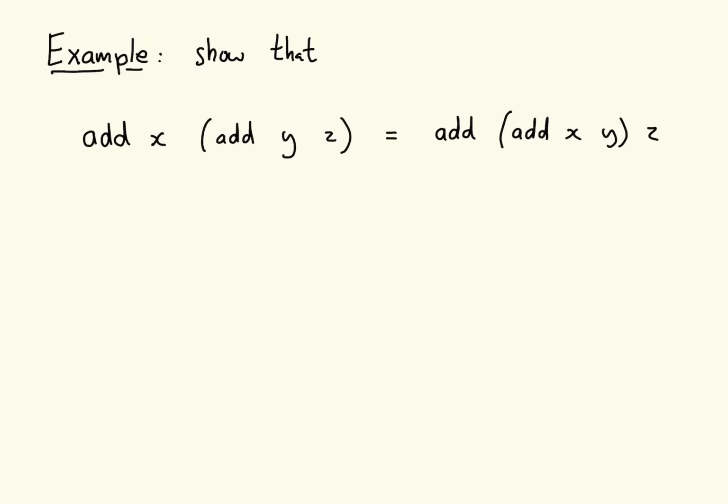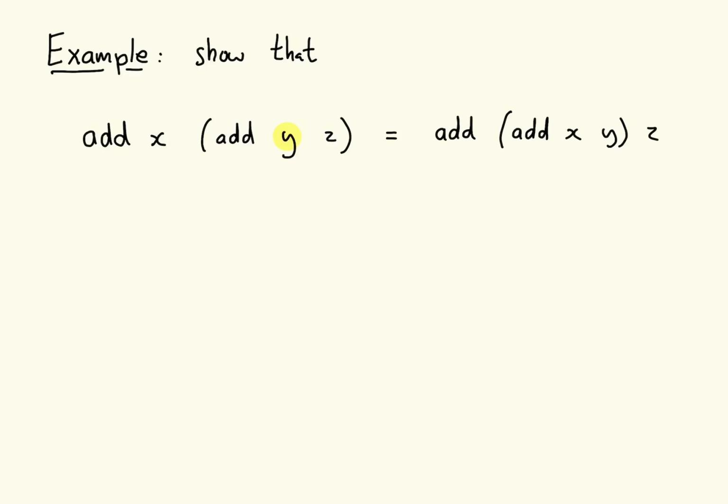So if we look at x first of all, here is the x on the left-hand side. It's the first parameter to the first add, and on the right-hand side, it's the first parameter to the second add. So x appears in the recursive position for the way in which add is defined twice. If we look at y, on the left-hand side, it's in the first position on the second add, and it's in the second position on the second add here, so we won't count that one.